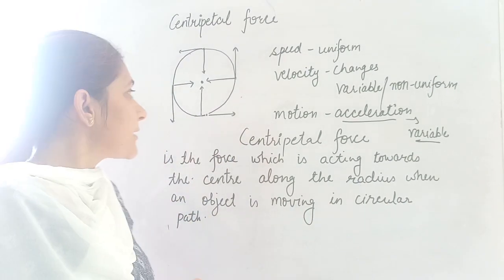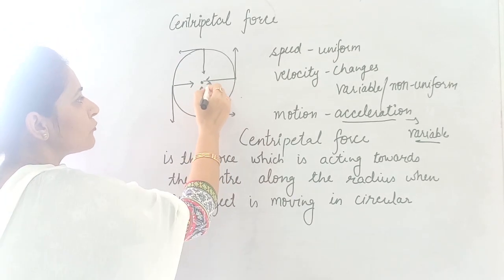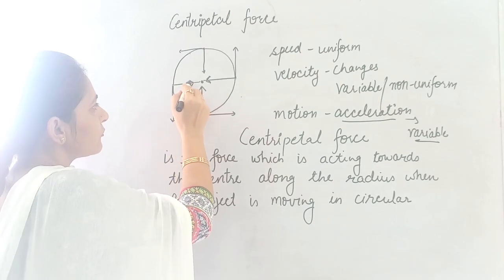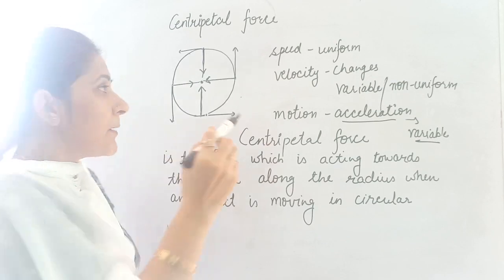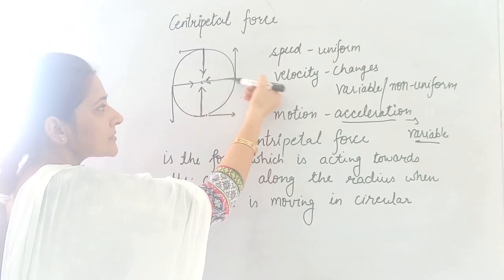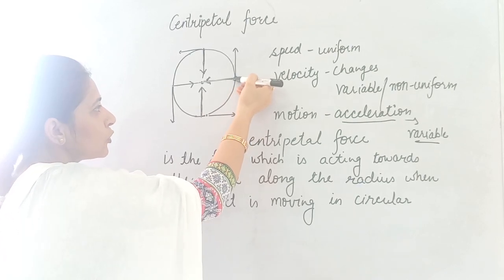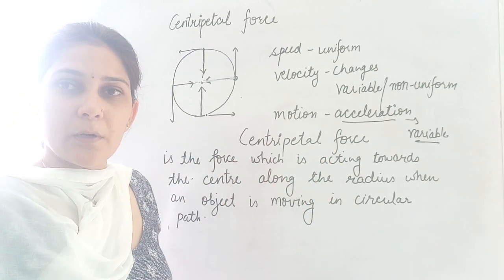This is the direction of centripetal force. Here the centripetal force is acting this way. Centripetal force acts along the radius towards the center. If the object is present over here, centripetal force is acting towards the center along the radius. This is what we mean by centripetal force.